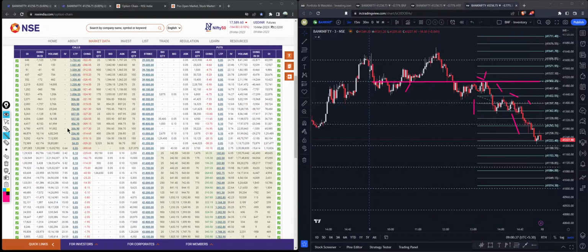A pretty amazing day wherein the price moved down, it again went up, found some buyers at 41,500, retest of supply again, and then we just slowly moved down.